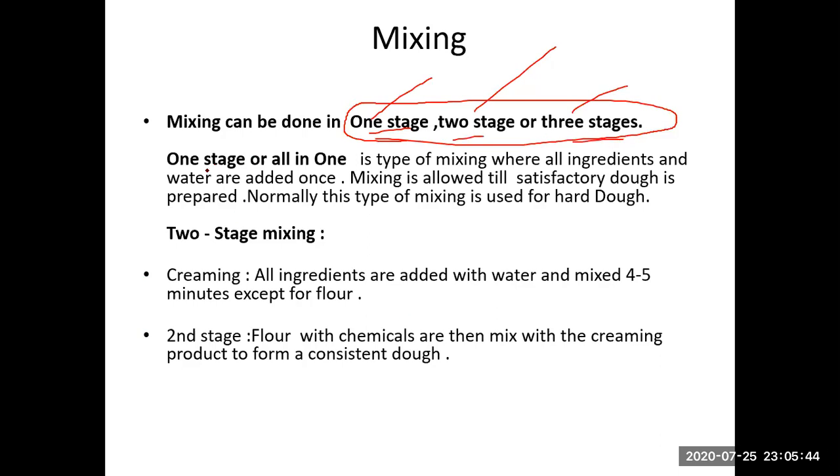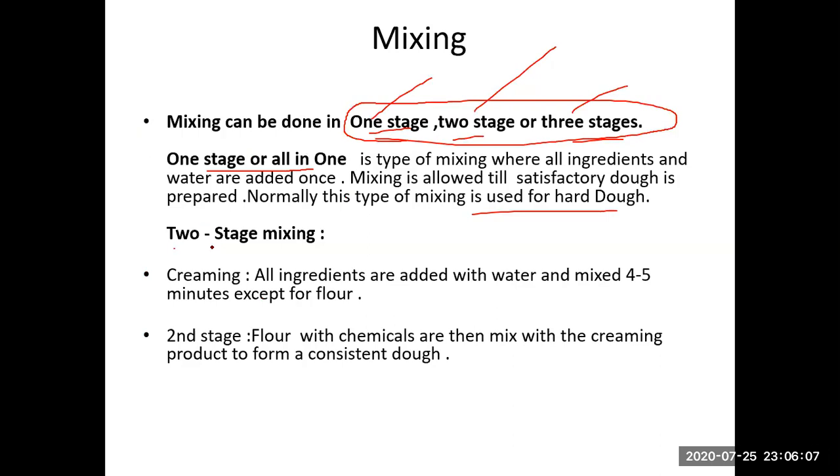So in the case of 1 stage, or all-in-one mixing process, all of the ingredients have to be added at once. Then you mix and prepare the dough. Normally hard dough is made by this method. The 2 and 3 stage processes are mostly used for cookies.